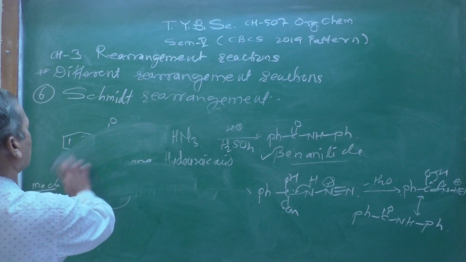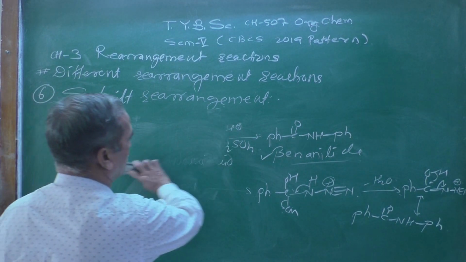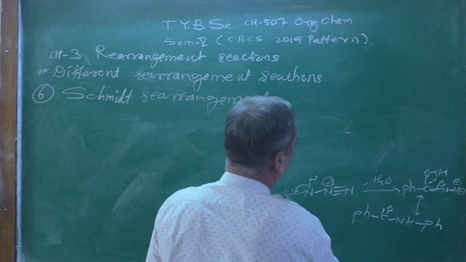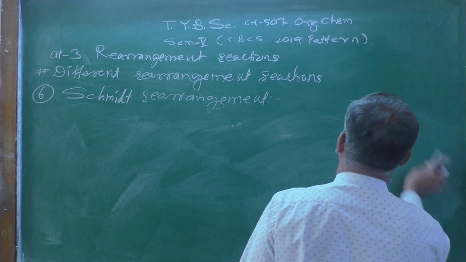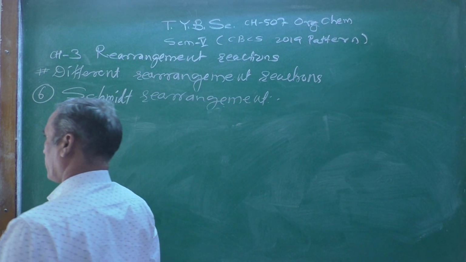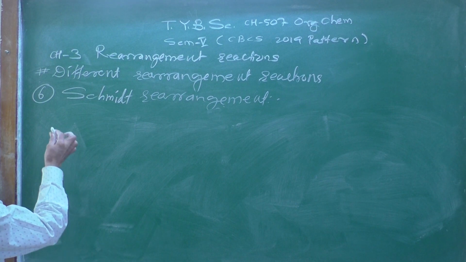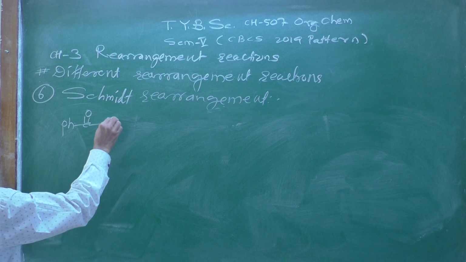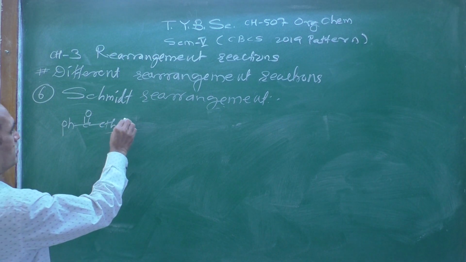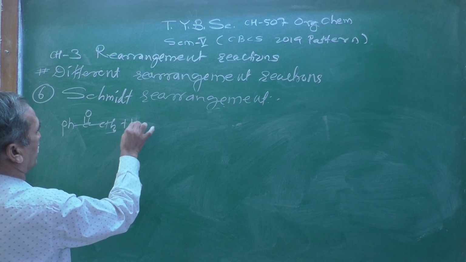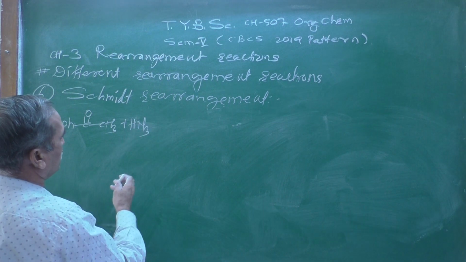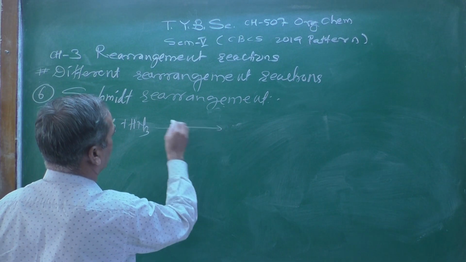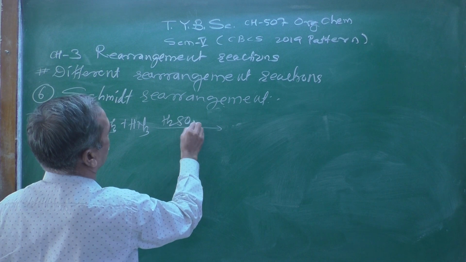So that is the second example which we are going to discuss here. Everybody knows the structure of acetophenone: Ph, C double bond O, CH3. This will be treated with hydrazoic acid in presence of concentrated H2SO4.